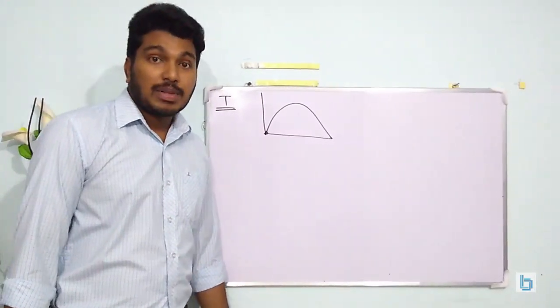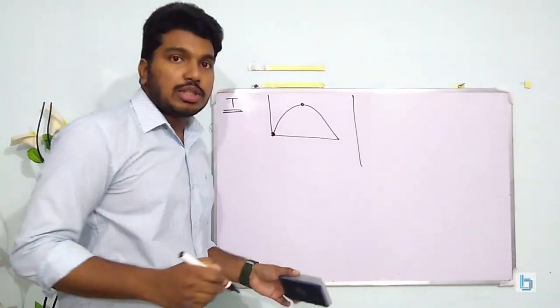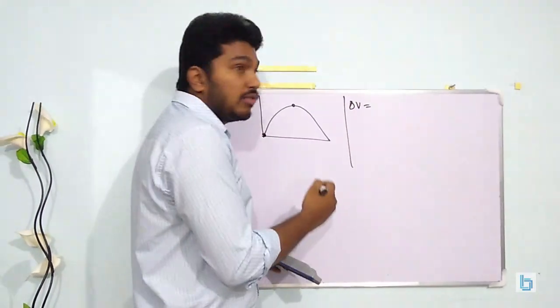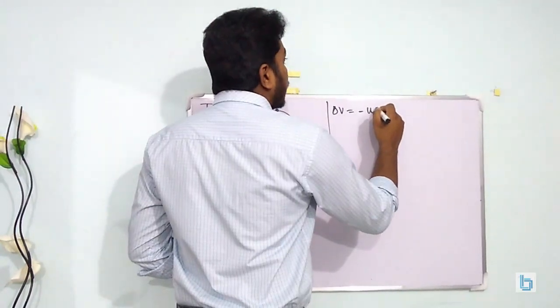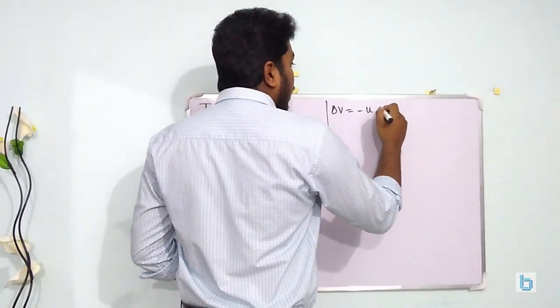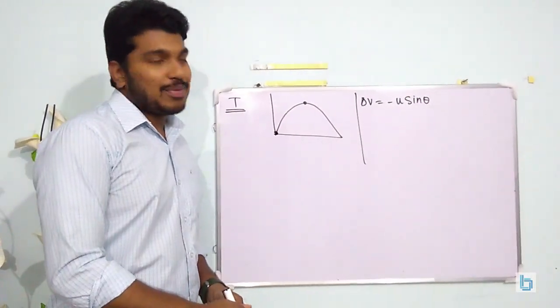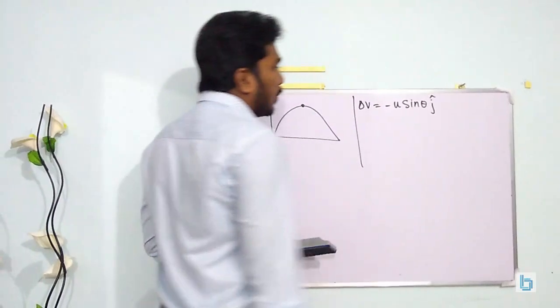Therefore, from the starting point to the maximum height, the change in velocity will be minus u sine theta j cap.